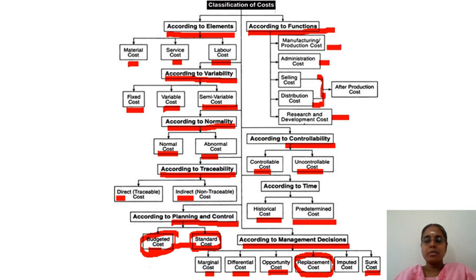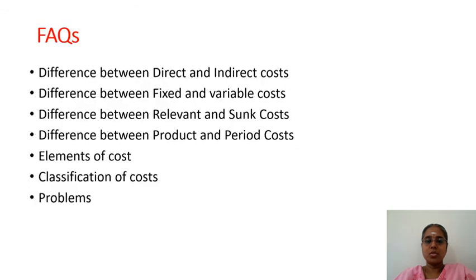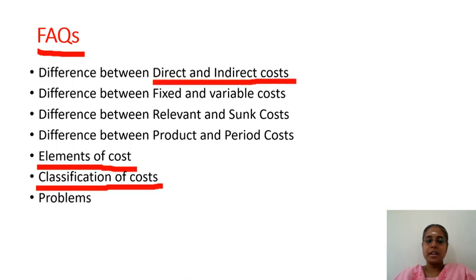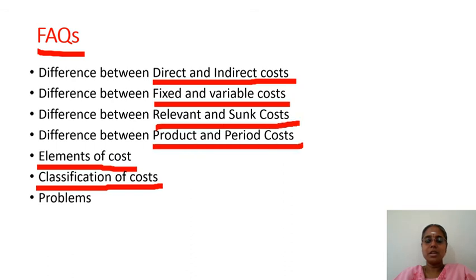So with this, we come to the end of our first course outcome. We will have a live session wherein I will clarify your doubts, as it is the base for classification. The frequently asked questions based on this are the elements of cost, the classification in detail, the difference between direct and indirect, fixed and variable, relevant and irrelevant costs, and product and period costs.